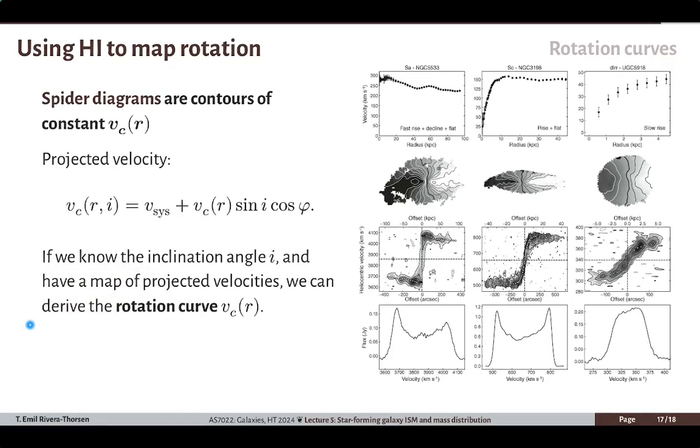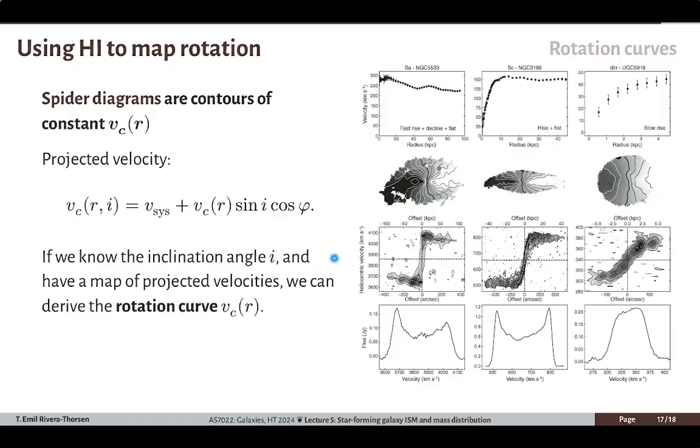With that as a starting point, we can then look at various galaxies and, from these contours of constant projected velocity, we can derive an actual radial velocity profile, which then shows us the mass distribution within the galaxy.